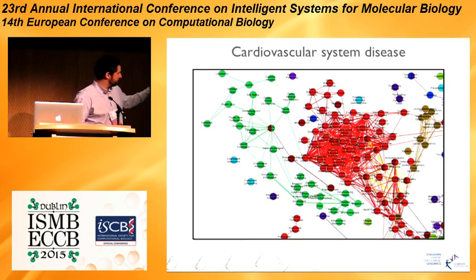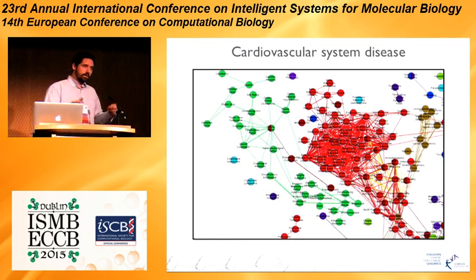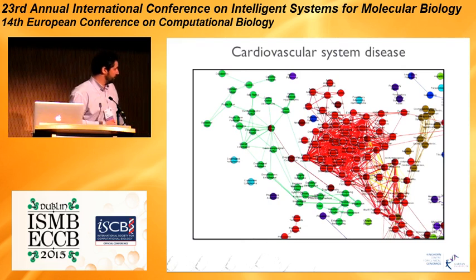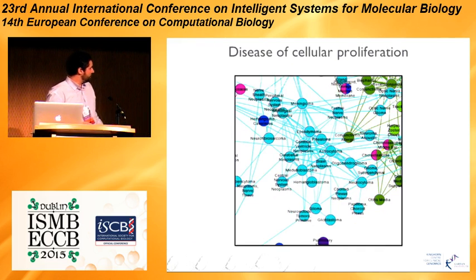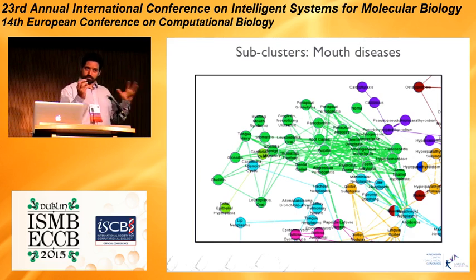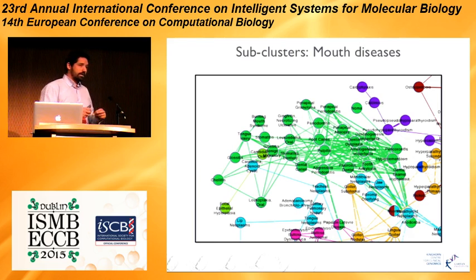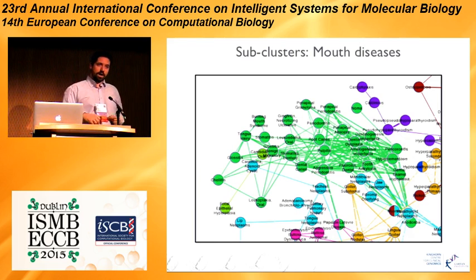For example, you can see the cardiovascular system was quite well recreated, or at least in part, basically that red cluster over there. The diseases of cellular proliferation are also fairly well recreated. But then it stopped there in terms of the higher level clustering.